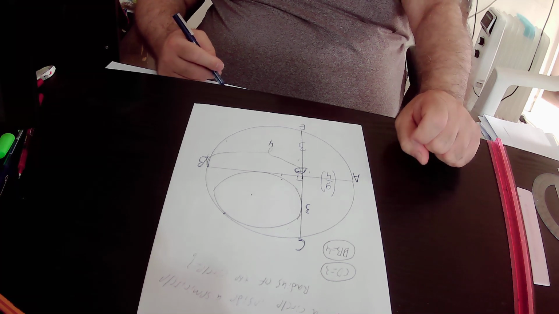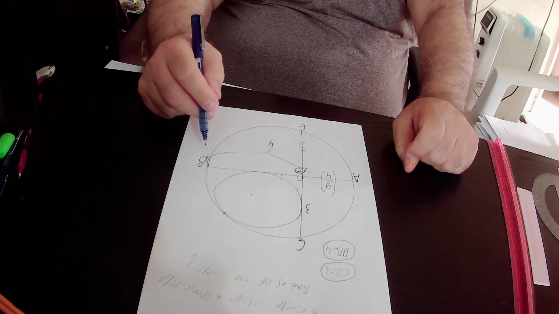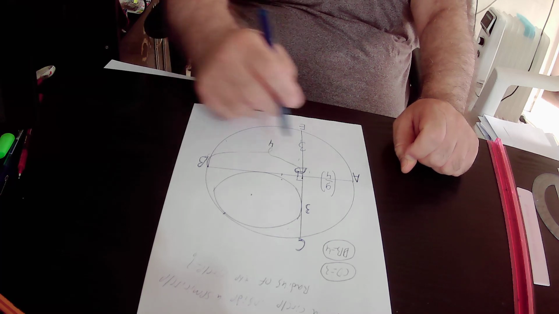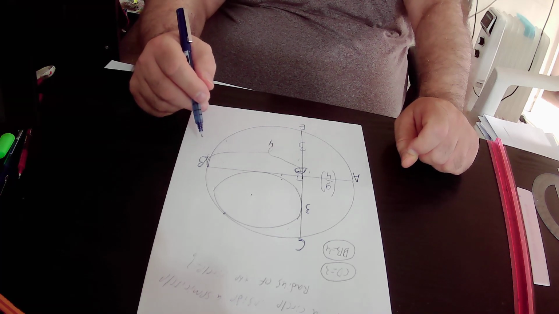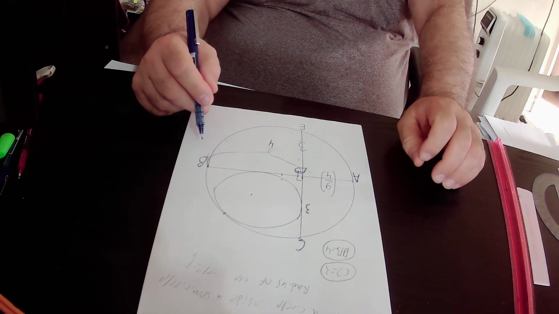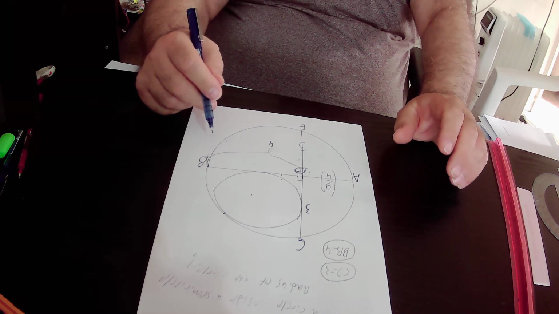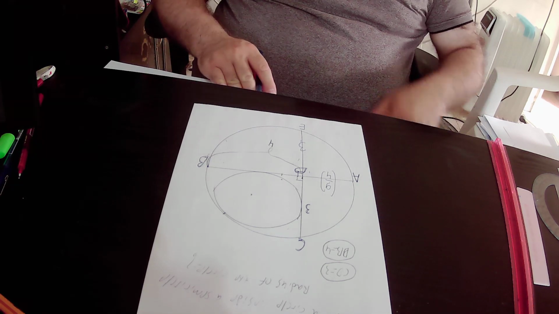So here, AB is the diameter of the semicircles and also the diameter of the circle. And we know that the diameter of any circle or semicircle is twice as long as the radius.